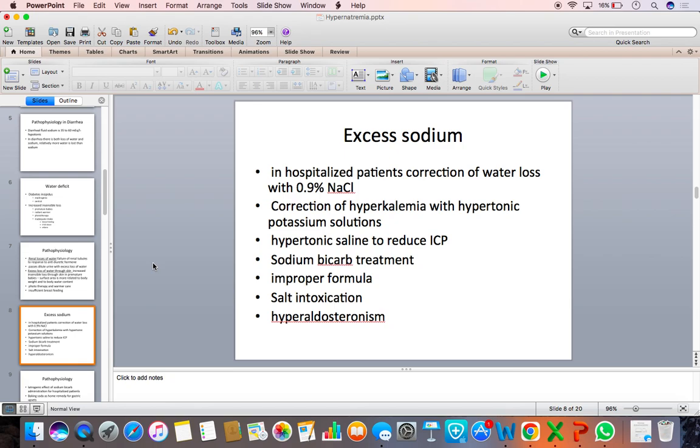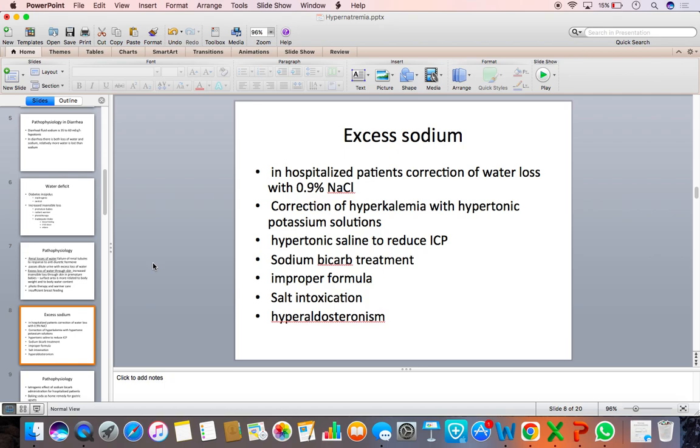And administration of sodium bicarb, concentrated formula feedings, and chronic excess sodium intake again result in hypernatremia.